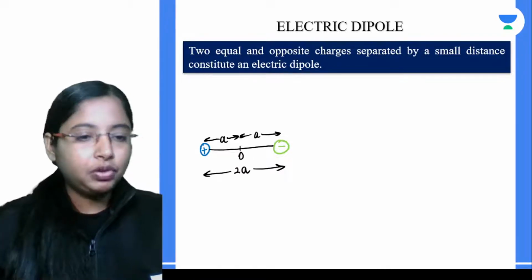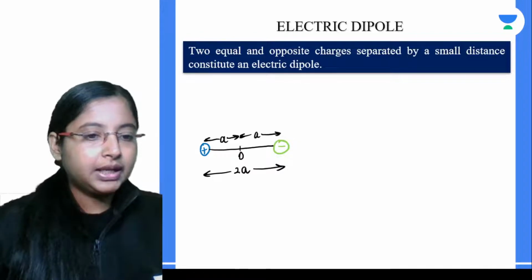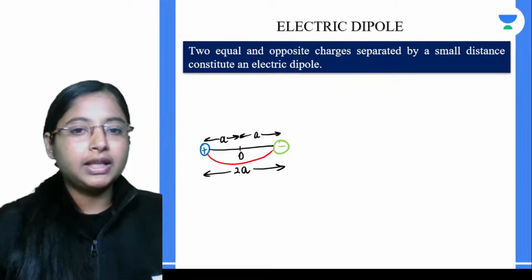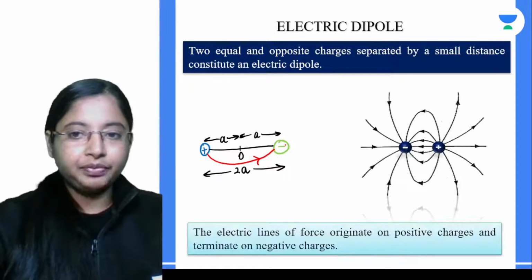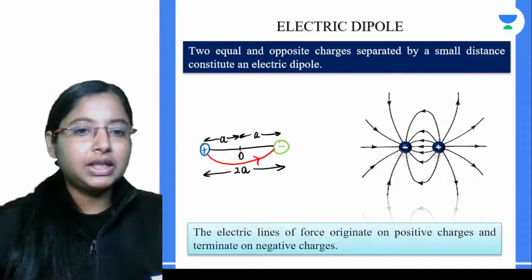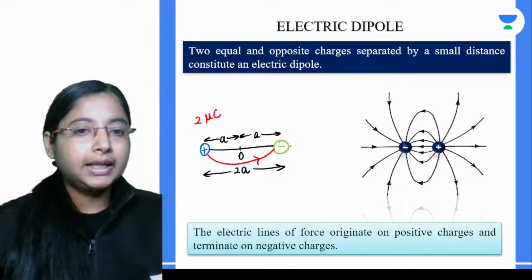Now if you look at the field lines, the field lines will always start at the positive charge and terminate at the negative charge. Especially when this positive charge is around 2 microcoulombs and the negative charge is -2 microcoulombs.